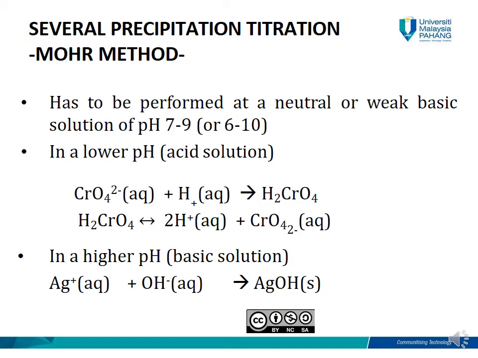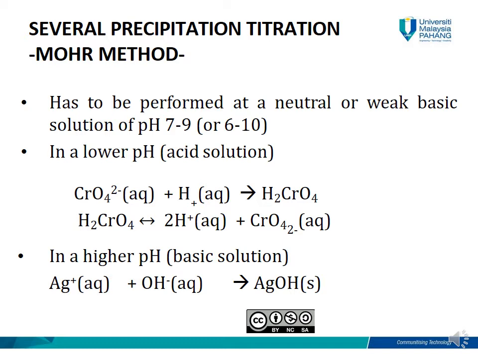This is because when this method is performed in a very low pH solution, there will be no precipitate formed. So what we can expect is that the chromate ion will be in aqueous form. There will be no reaction between chromate and the silver ion.